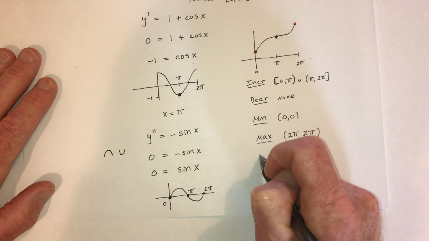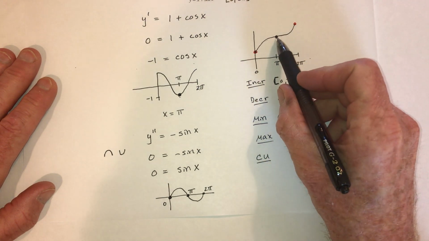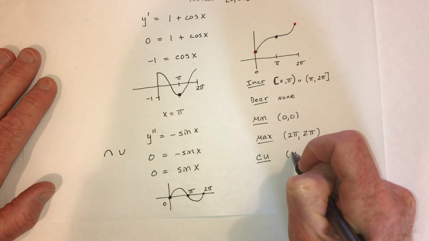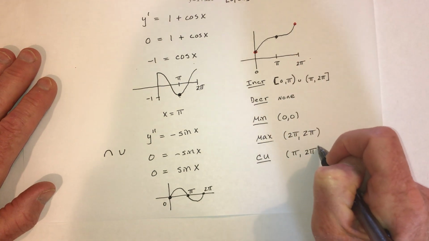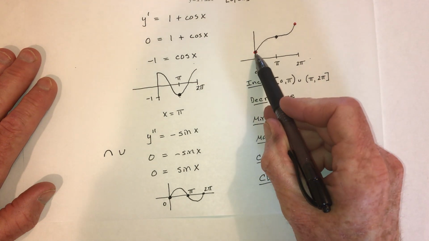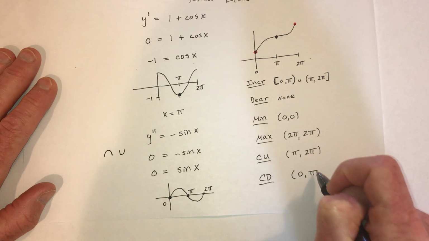So for concave up, that's going to be from here to here, so that means from pi to 2 pi. And for concave down, that's going to be from here to here, so that will be 0 to pi.